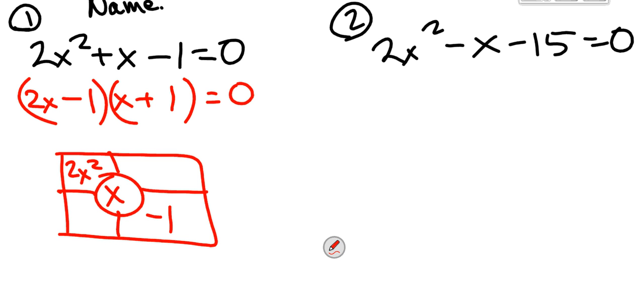Let me see on your picture a little bit. So you multiply the 2x squared times the -1, and you get -2x squared, and you write that out there. Okay, now I just wanted to make sure I was doing it correctly. And so we get -2x squared. Then what do you do?